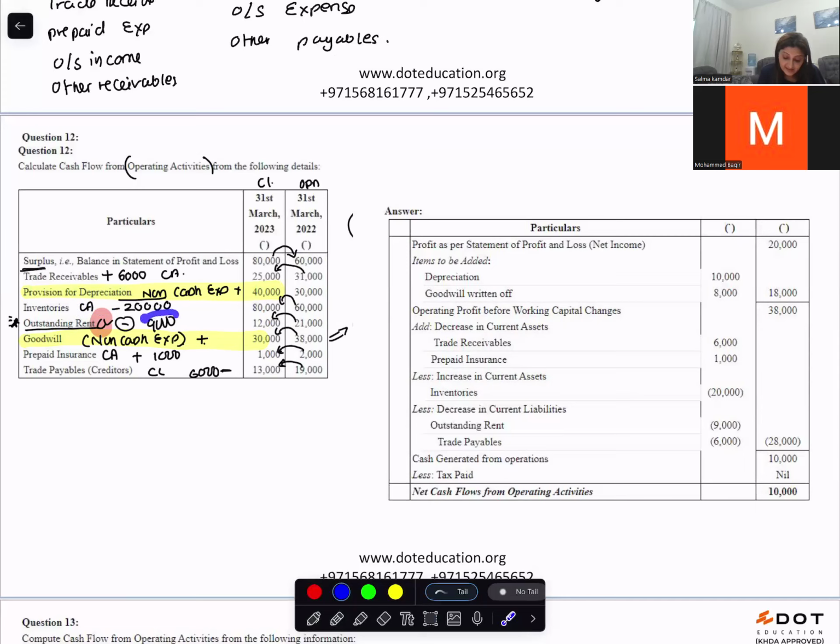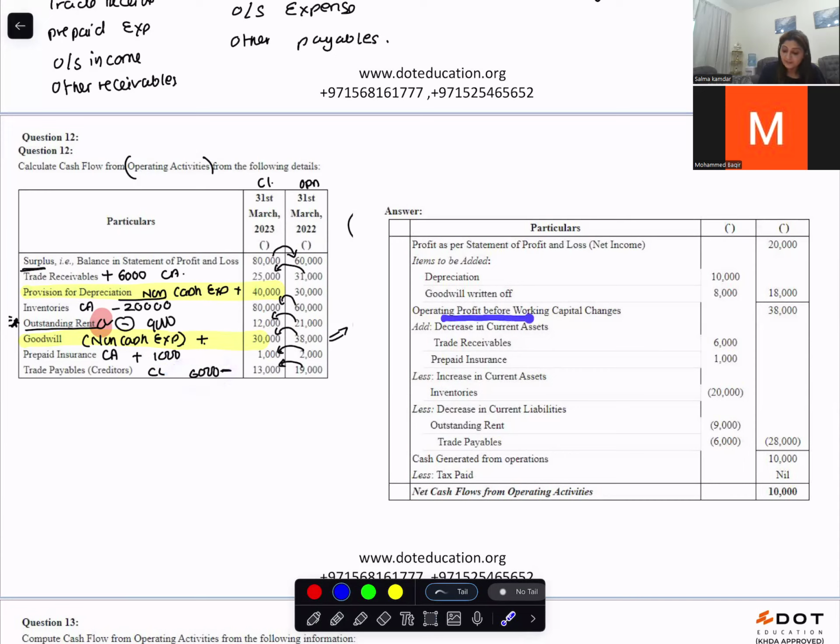Then there is a decrease in outstanding rent, this you will subtract. Then there is an increase in prepaid insurance, this you will add. And decrease in creditors, trade payables, this you will subtract.